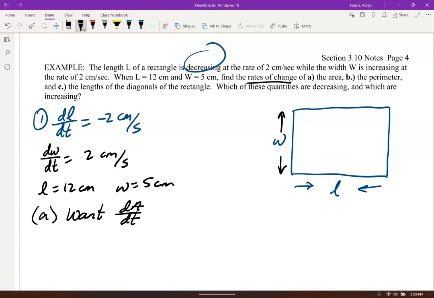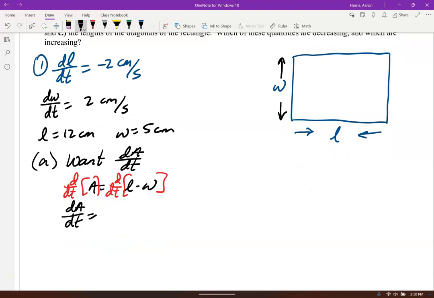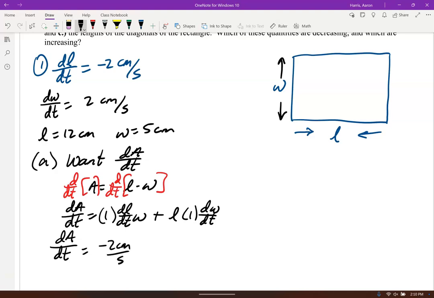Well, area is length times width. Let's take the derivative with respect to time. So we've got dA/dt equals the derivative of the first times the second plus the first times the derivative of the second. Now I've got to plug my stuff in. dL/dt was negative 2 centimeters per second.